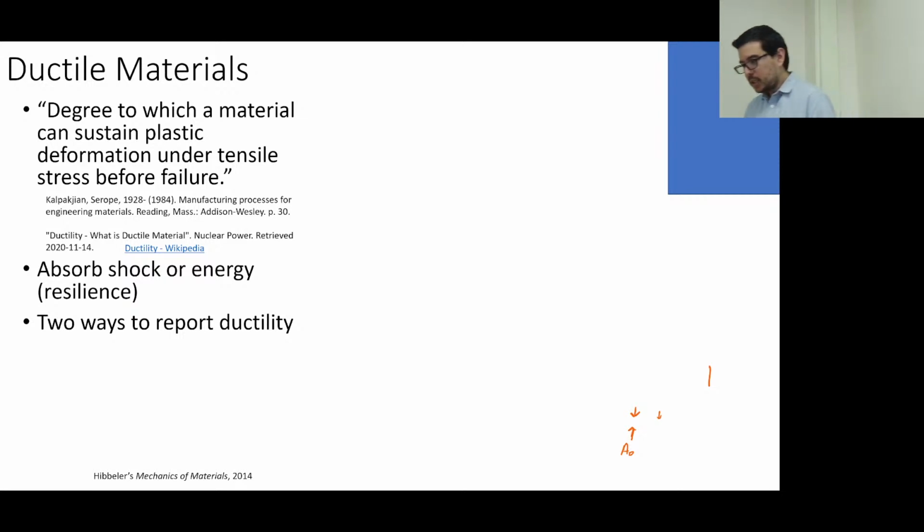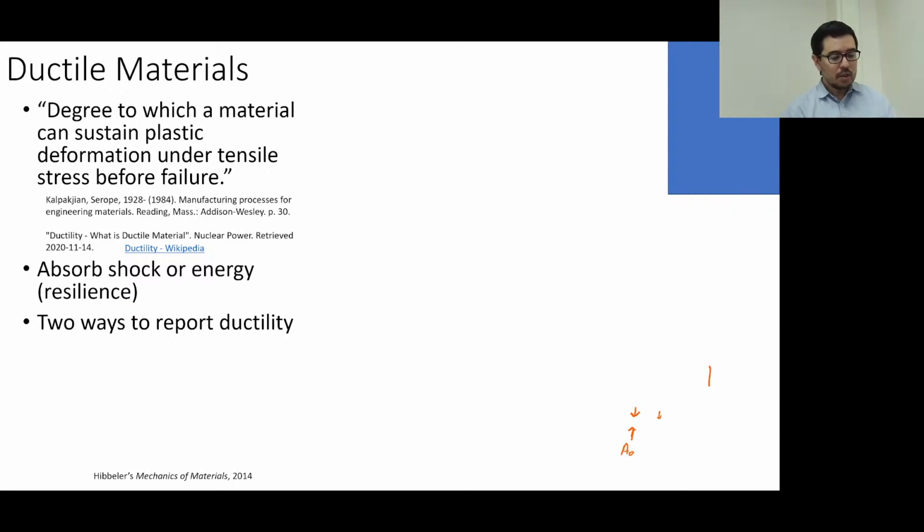A brittle material can have resilience as well, but resilience usually refers to, or the modulus of resilience in particular, which we'll talk about in a second, usually refers to the amount of energy that is stored in the elastic regime. But ductility often does refer to what happens in the plastic regime as well.